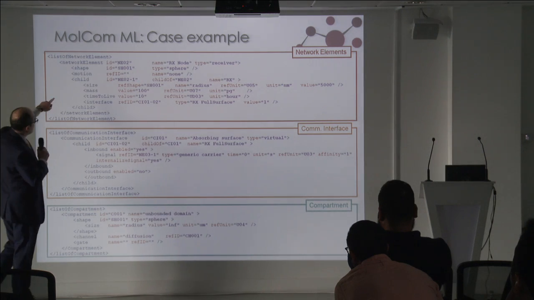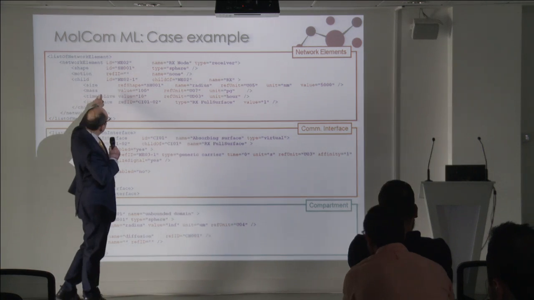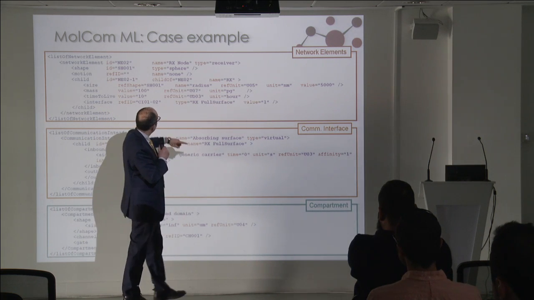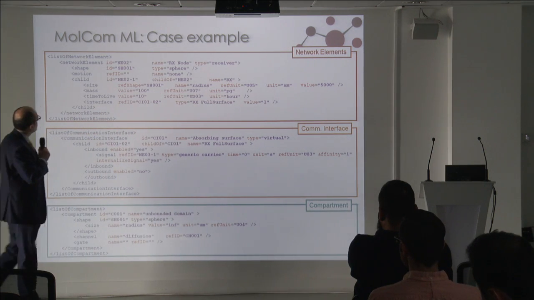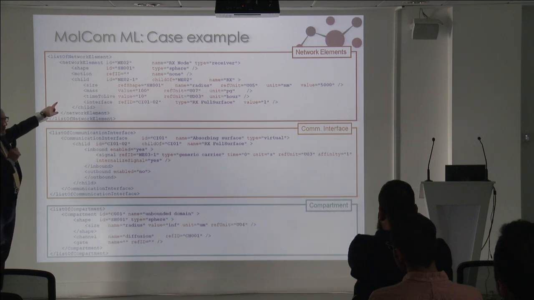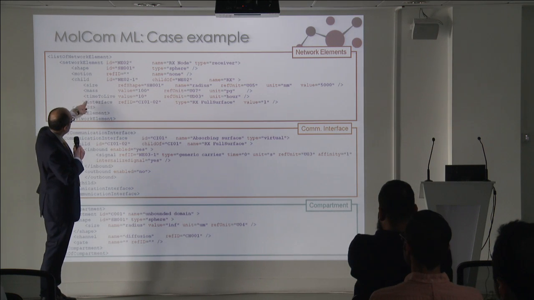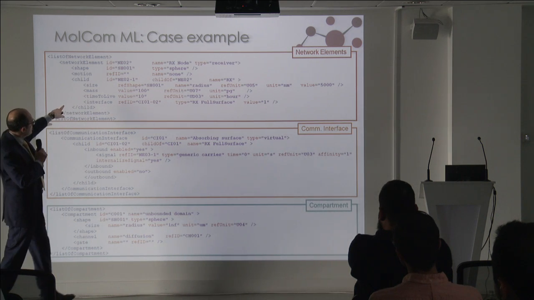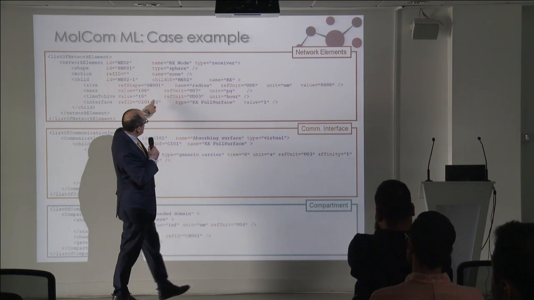This element is characterized by a mass, in this case unit picogram, and the value is 100. A time to live, this is a parameter that decreases over time during the simulation. 10 hours.